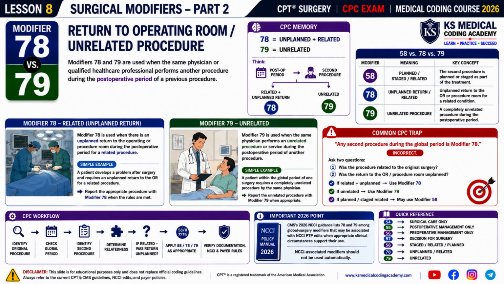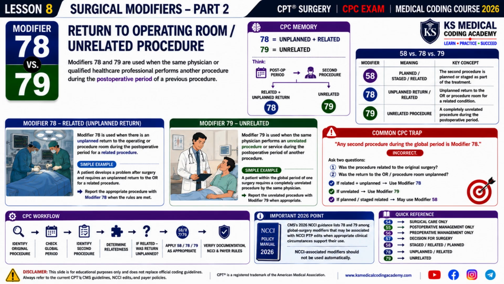The easiest CPC memory is 78 equals unplanned plus related. 79 equals unrelated. For Modifier 78, imagine a patient develops a problem after surgery and requires an unplanned return to the operating room for a related procedure.